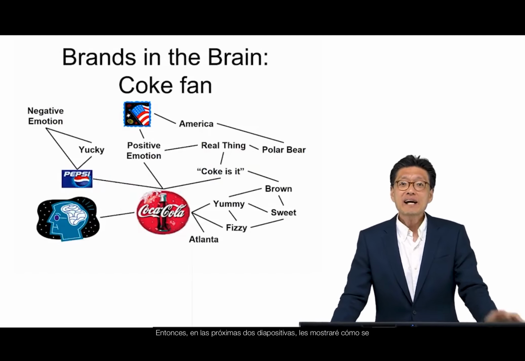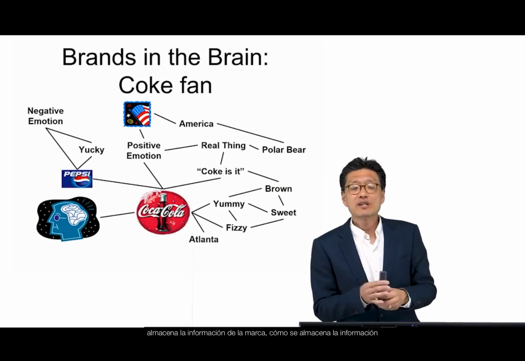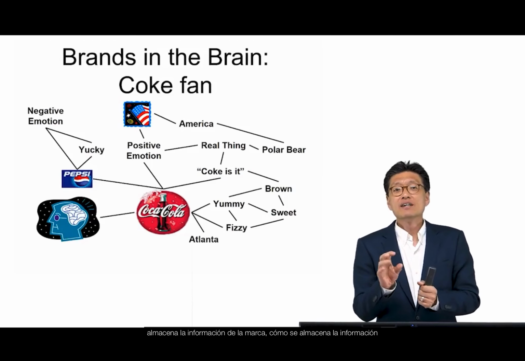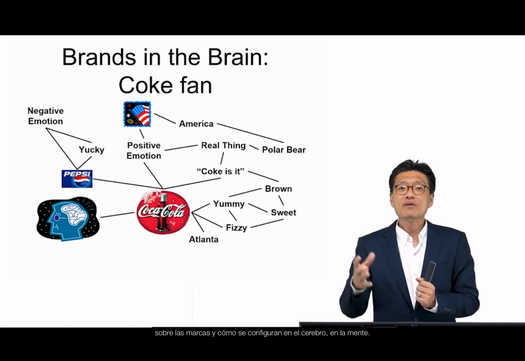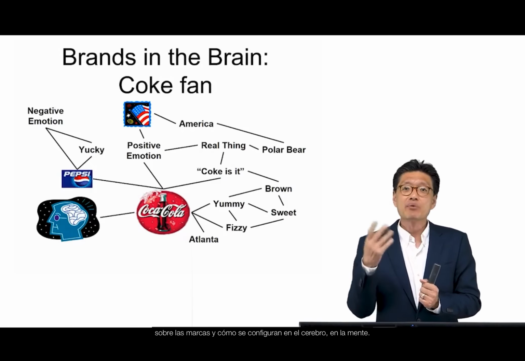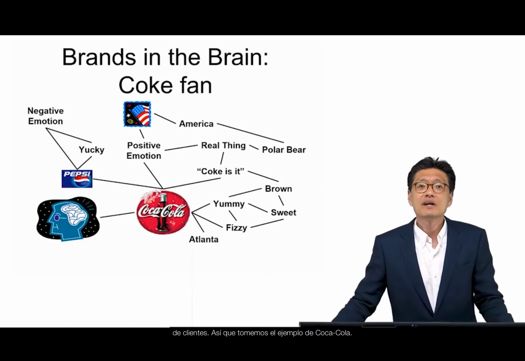Okay, so in the next two slides, I'm going to show you how information about brands is stored and configured in the brain, in the minds of customers. So let's take the example of Coke.